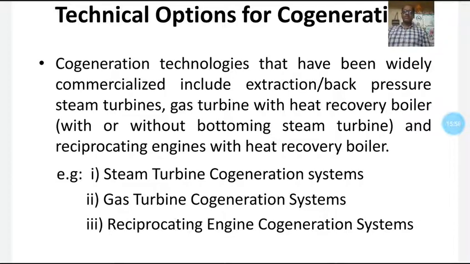Now, some industrial processes like refineries, chemical plants and sugar industries use a substantial amount of electrical energy. In addition to this, heat energy, in terms of hot water or steam, is required for chemical reactions and for heating and drying purposes.